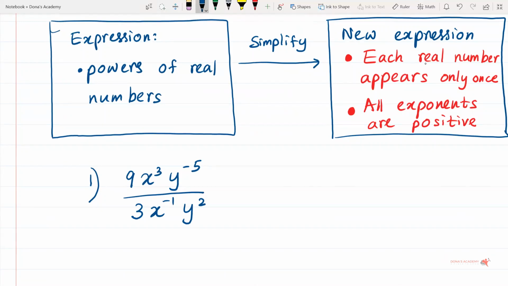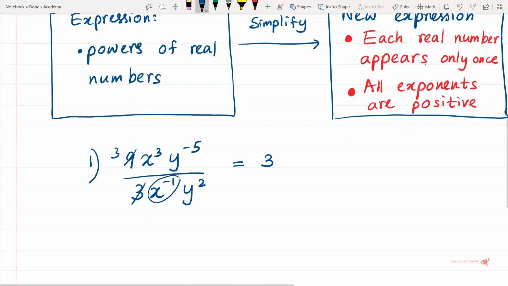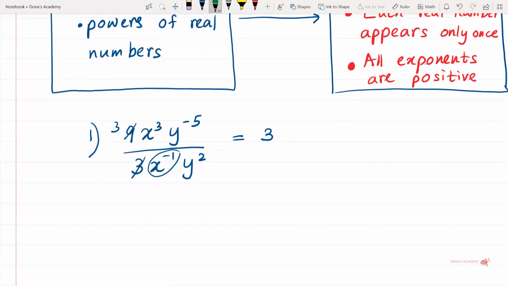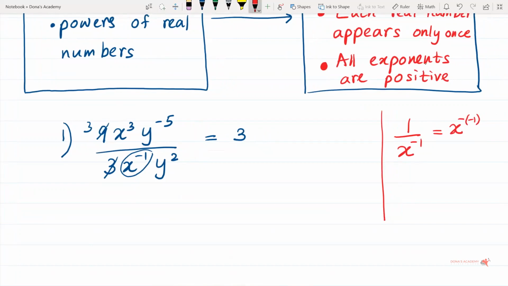So first we can simplify the constants, 9 over 3 gives 3, and then we can rearrange these negative powers, because we know that we have 1 divided by x^-1 here. This is the same as x to the negative of negative 1 according to the laws, and this is the same as x^1.